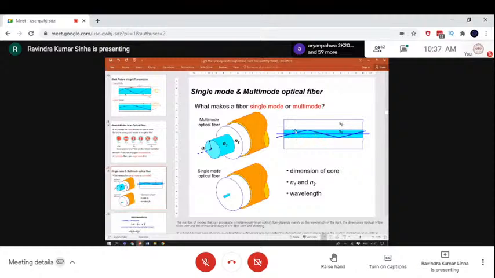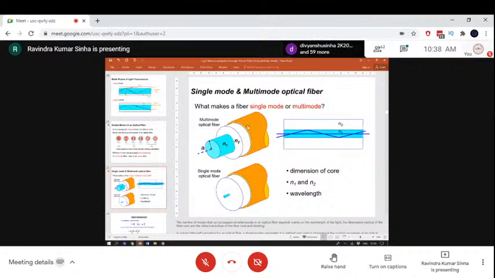If we reduce the dimension of the core, then what will happen? Typically only one range of rays goes through. We will call that a single mode fiber. A single mode fiber has a core dimension much smaller compared to the cladding dimension. So fibers are classified in terms of the mode as single mode and multi-mode fibers, two types of fiber.